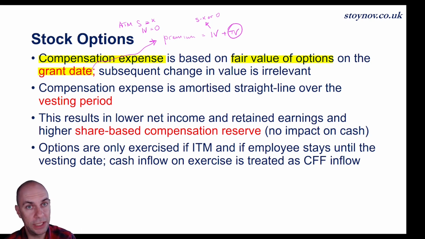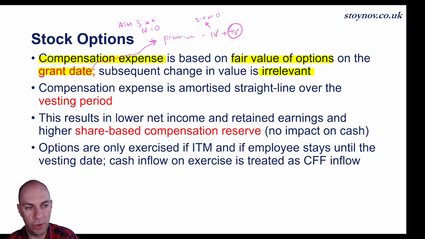And very importantly, even if the stock price moves up or down in the future, that becomes irrelevant. Once I've estimated the compensation expense at the grant date, I don't care about any future changes in the fair value of the already granted option.